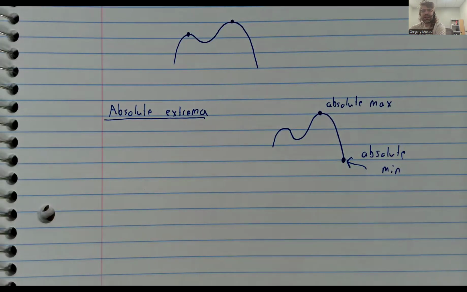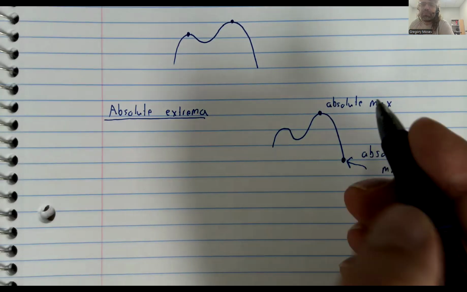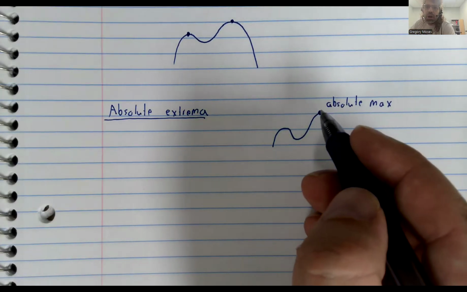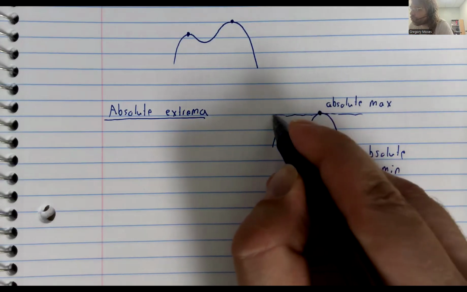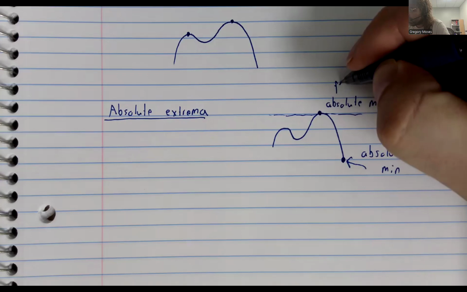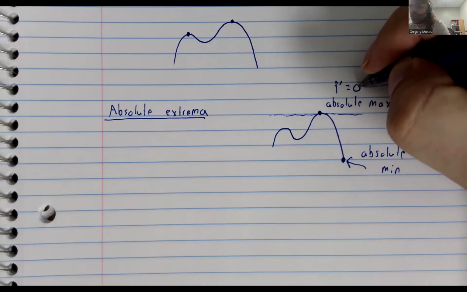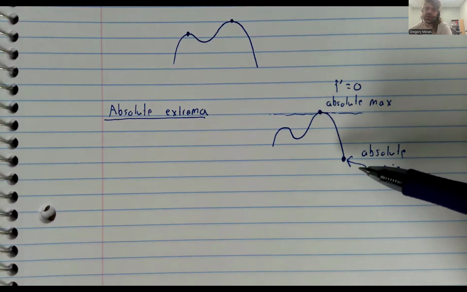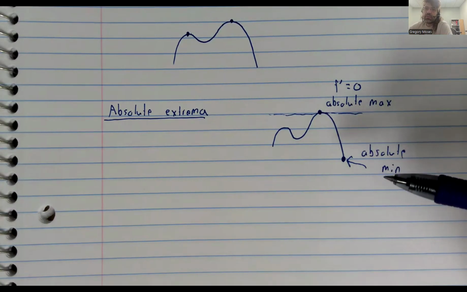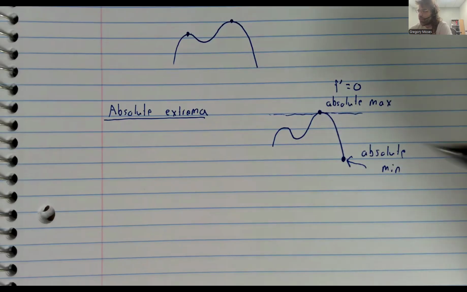And notice that the absolute maximum and the absolute minimum are occurring in very different contexts, you might say. This absolute maximum is also a local maximum. It is occurring at a critical value. The derivative is equal to 0. The absolute minimum is not occurring at a critical value.